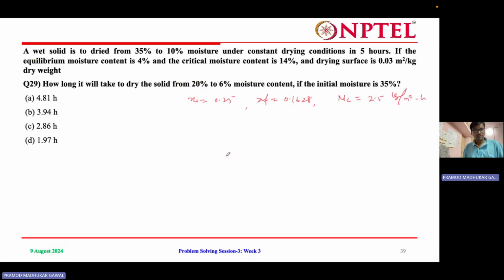First, we calculate. So T from 20% to 6% is equal to T from 20% to 14% plus T from 14% to 6%, right? This is equation number 1.